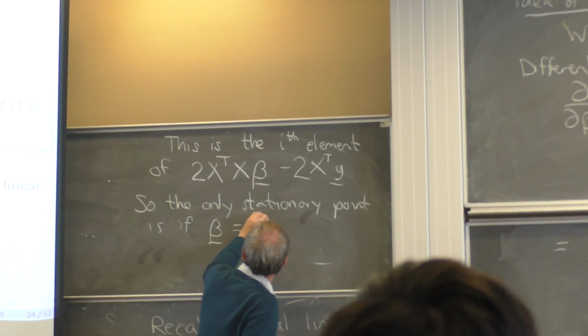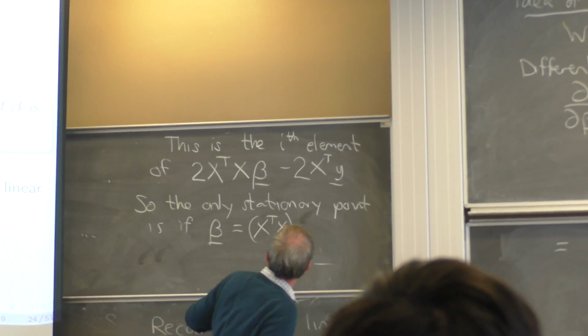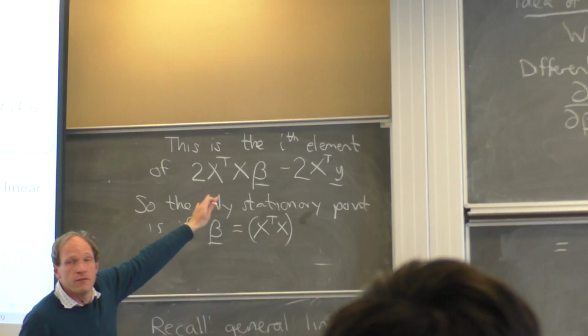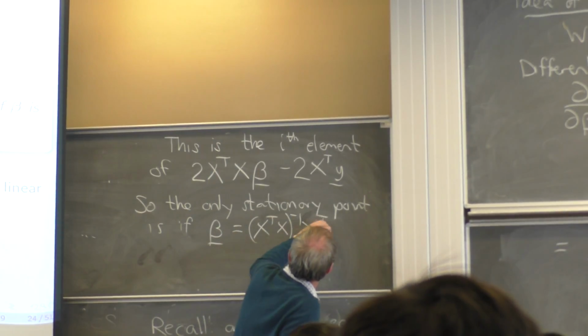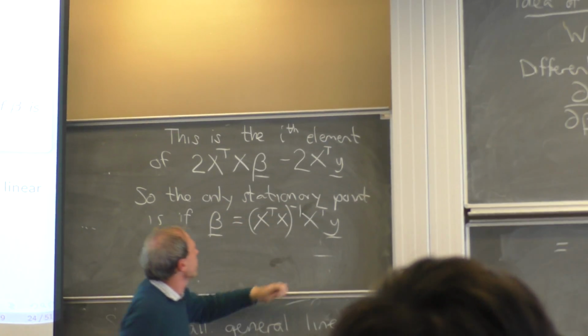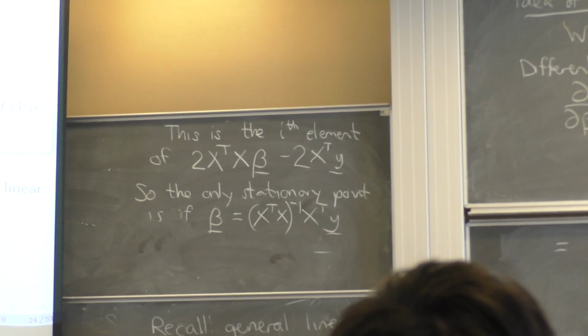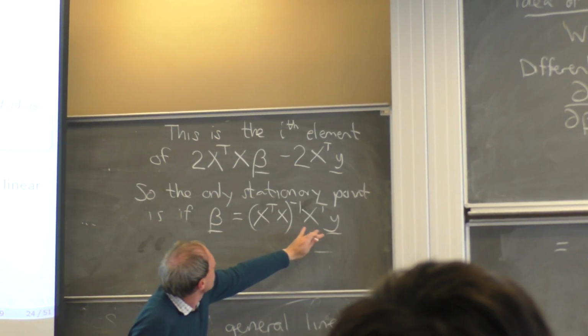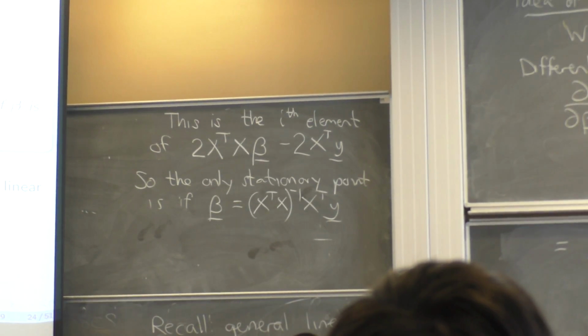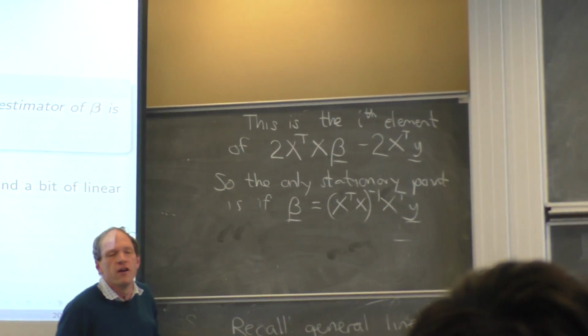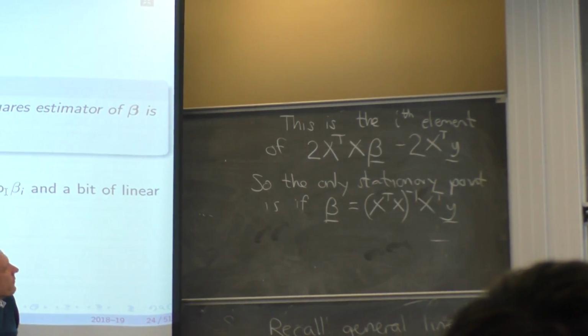So the way to do that is to take the inverse of x transpose x, so we can take it over to the other side, and then we have beta equals x transpose x to the minus 1 times x transpose times y. As I said, we're differentiating with respect to beta_i. That was the first thing I did, and then a little bit of linear algebra to get to the final answer.